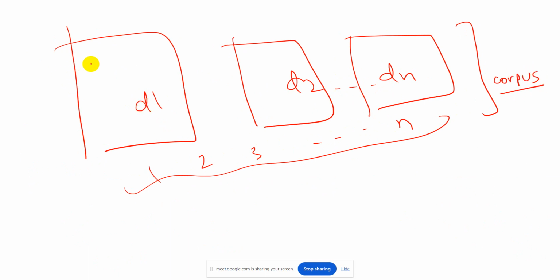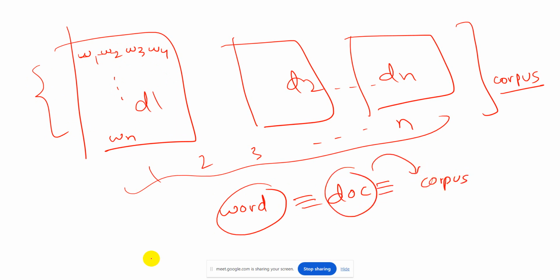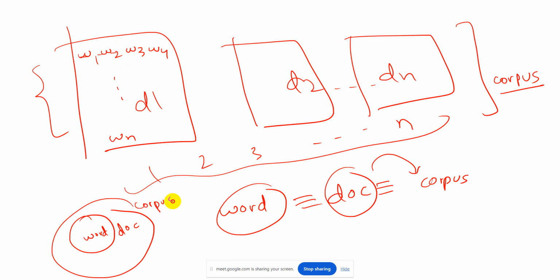And in document 1, you can have multiple words W1, W2, W3, W4 and so on. So a word makes up multiple documents, and these documents make up the corpus. If I am to represent it in terms of a Venn diagram, the words make up the entire document, and this collection of documents is the corpus.